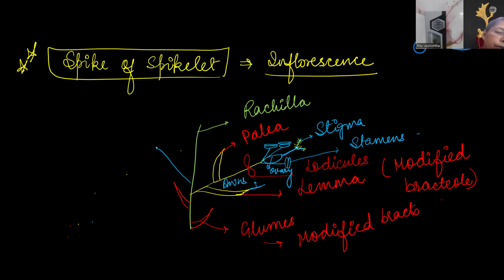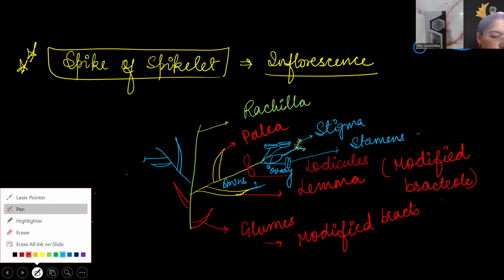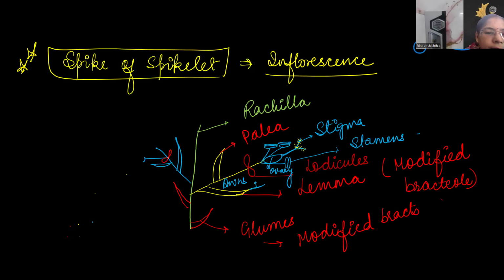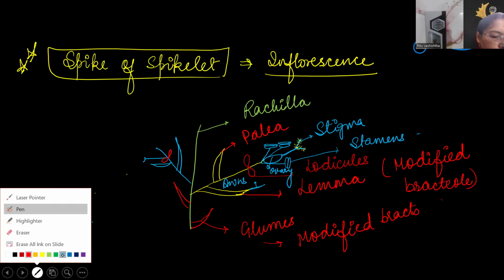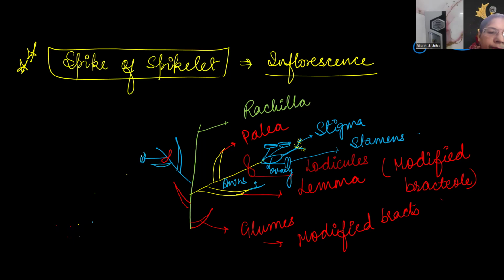Now here also, if we draw, what are we going to draw? There is presence of lemma, palea. Then you will find lodicules like this. Then swinging stamens are present like this. And then the versatile anthers, ovary bearing bifid stigma, hairy structures, and these all are which type of anthers?